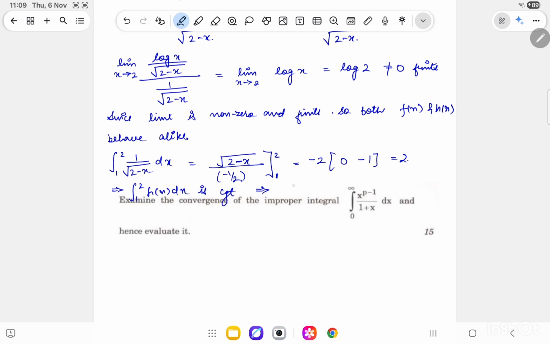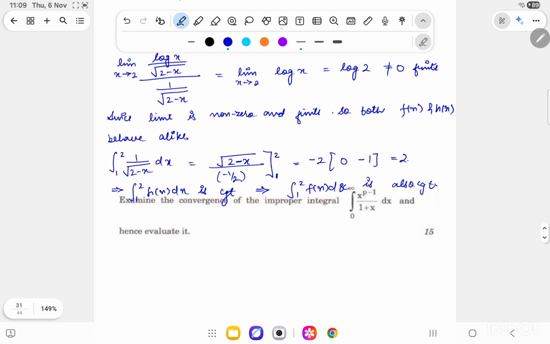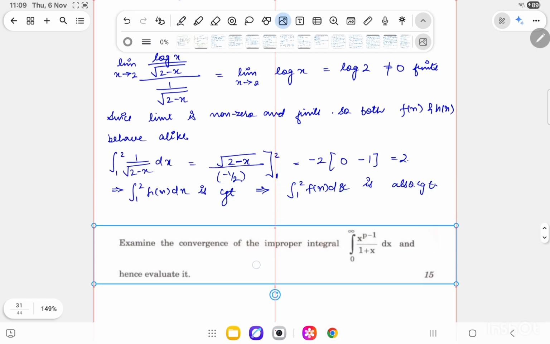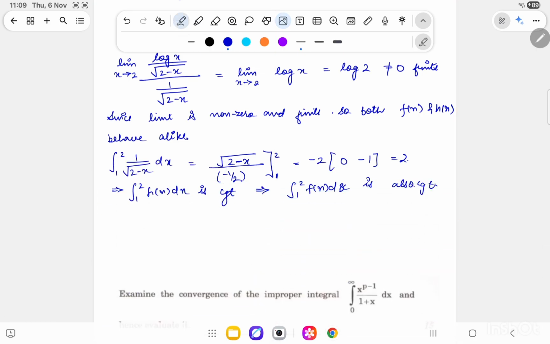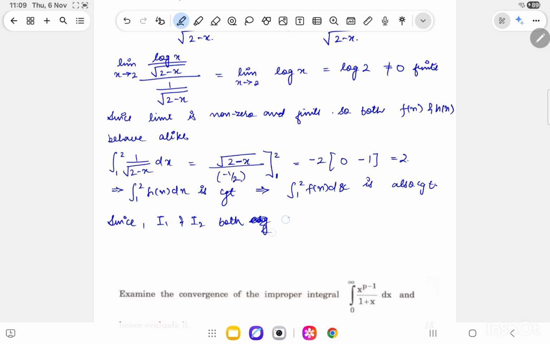That implies that my integration from 1 to 2 of f(x) dx is also convergent. Now since my I1 and I2 both are convergent, I can say that my I function is also convergent.